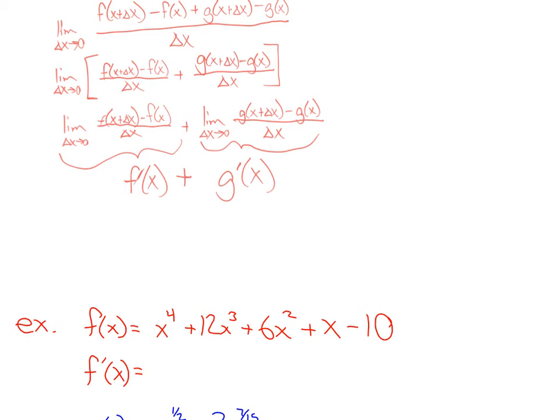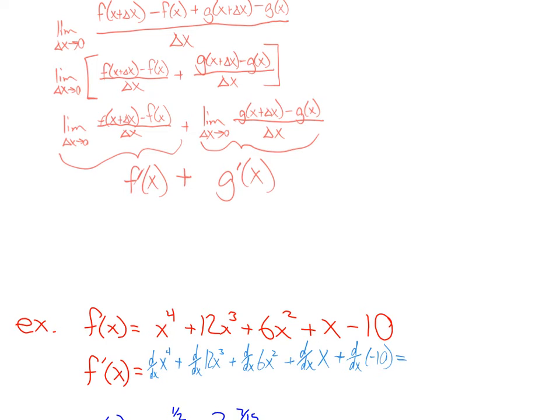I don't have a rule for this entire thing, but I do have a rule for x to the fourth, and I have a rule for something with a constant multiple and an x to the third, so the derivative of 12x to the third, and I can take the derivative of 6x squared, and I can take the derivative of this linear function x, and I can also take the derivative of this constant function, -10.